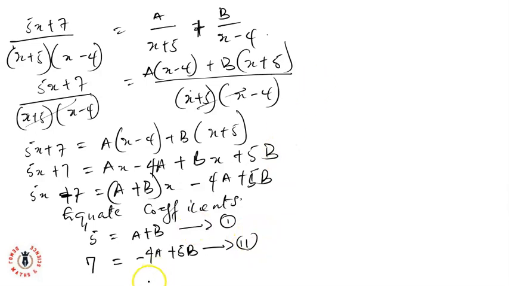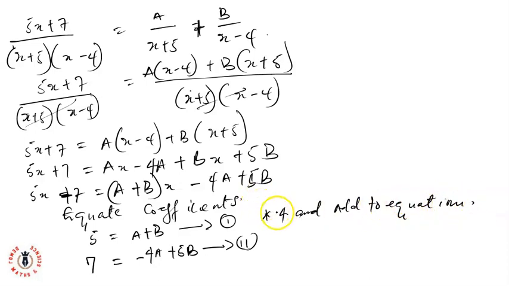Now the next thing I want to do is to solve this simultaneous equation. The easiest way I'm seeing to solve it is to multiply equation 1 by 4 and add it to equation 2.